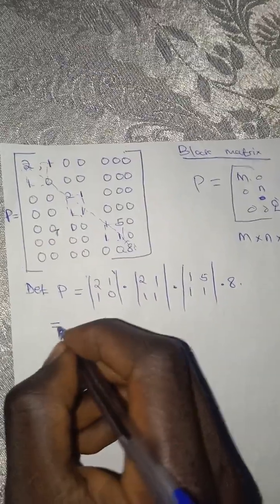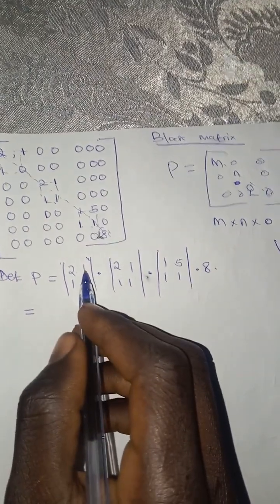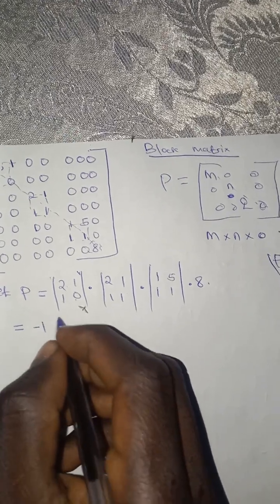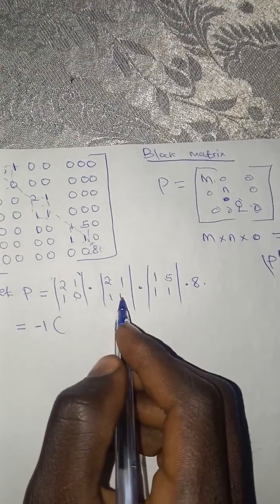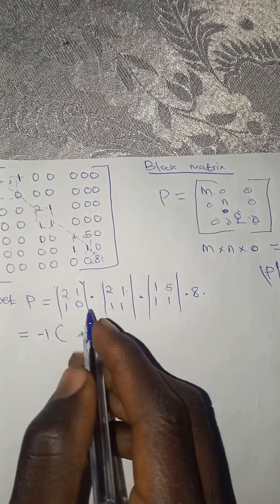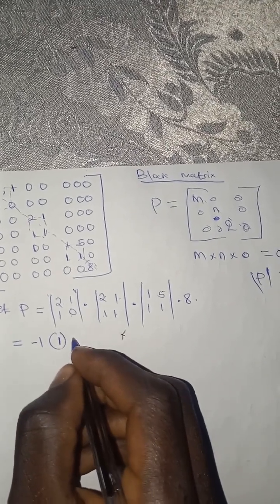Which is 2 multiplied by 1 is 2, 0 multiplied by 1 is 0... 2 times 1 is 2, 1 times 1 is 1, 2 subtracted by 1 is 1, then this is 1, multiplied by this one.